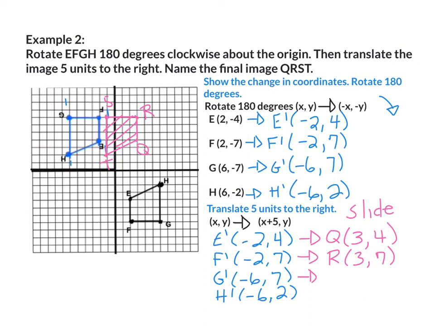So for point S, I'm going to add 5 to negative 6, which gives me negative 1, and my y value stays the same, which will be 7. And then for point T, I'm going to add 5 to negative 6, which gives me negative 1, and my y value stays the same, which is 2. And those are the new coordinates for my answer.